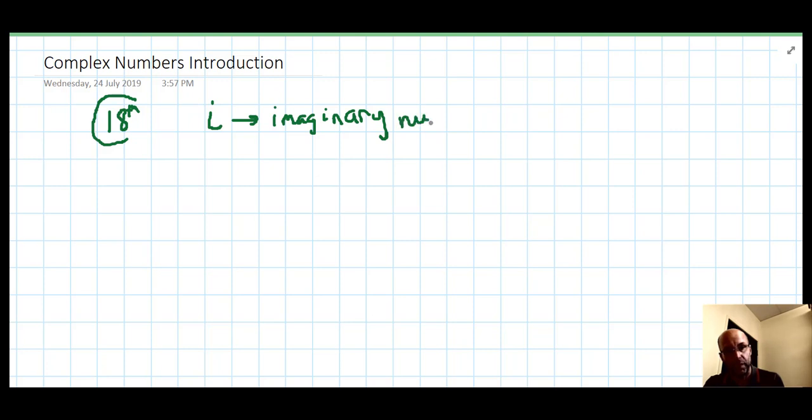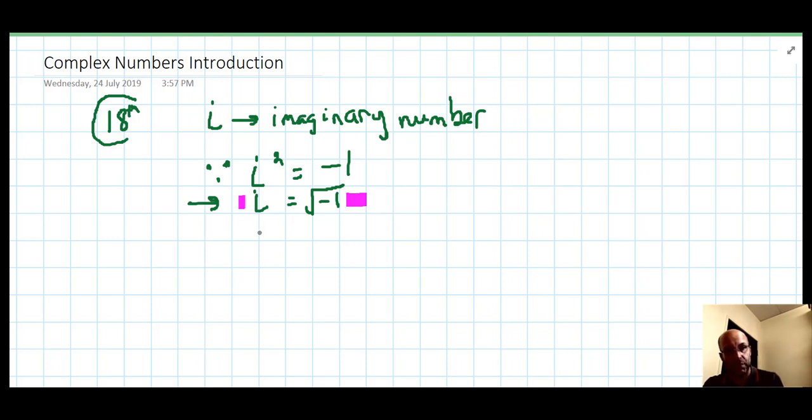That's lowercase i, such that i squared equals -1, which suggests that i is the square root of -1. Okay, so that's important there. i is the square root of -1.